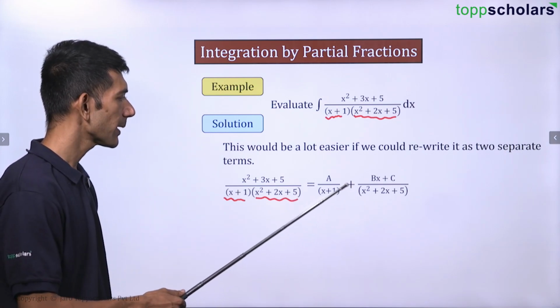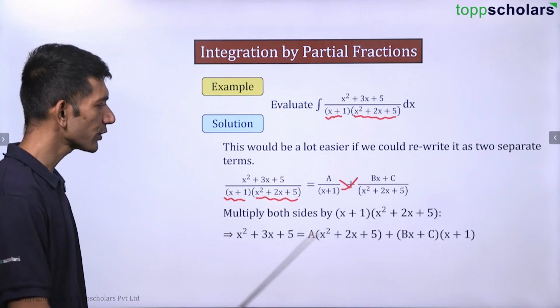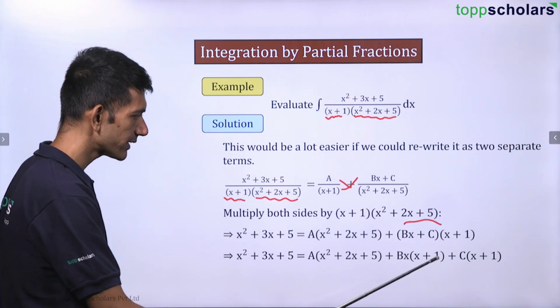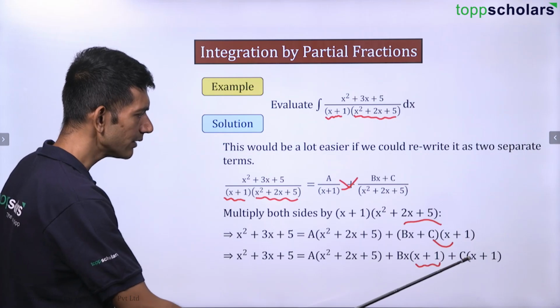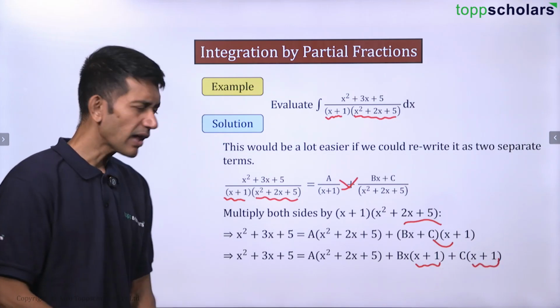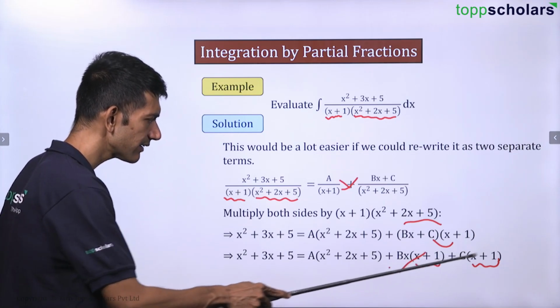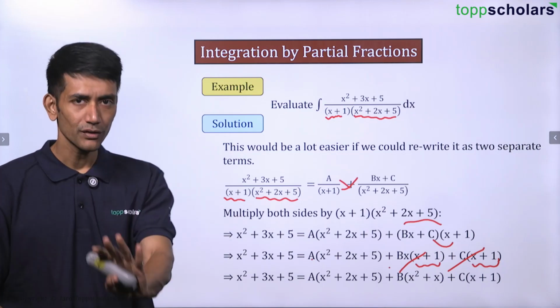Now you cross multiply, right? So this is what you get. Once you get this, now bx will be multiplied with x plus 1, c will be multiplied with x plus 1. Now we have 1, 1. Now if I put x as minus 1, b will get cancelled, c will get cancelled, I will get a. Let us do that. That is one of the ways.